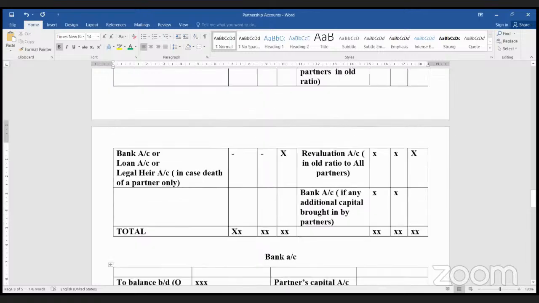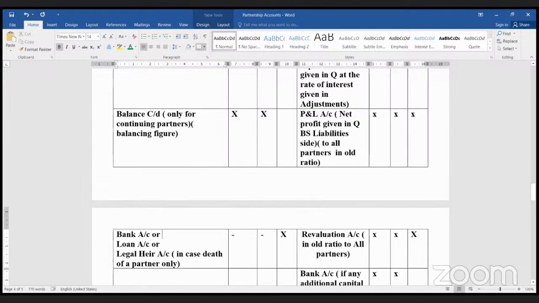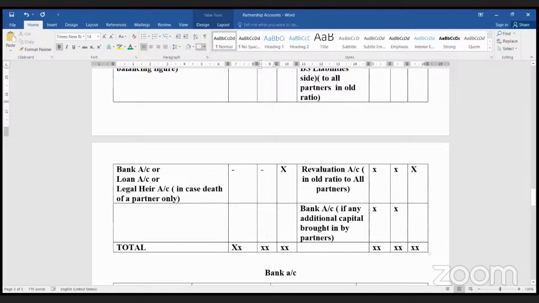If the loan account is there, in the new balance sheet what capitals come? Only these two continuing partners' capital accounts will come, and the retiring partner's capital account will show as loan account. If it is transferred to the loan, this also has to be shown. Understood? If you paid, you will not show. If you transferred to the loan, you will show in the balance sheet.